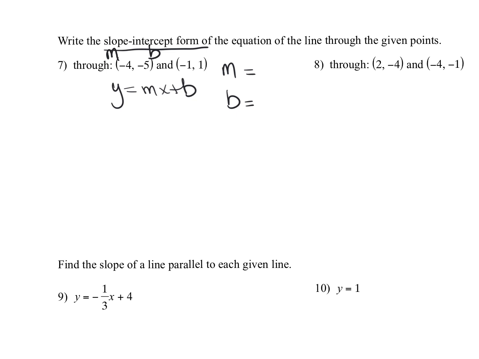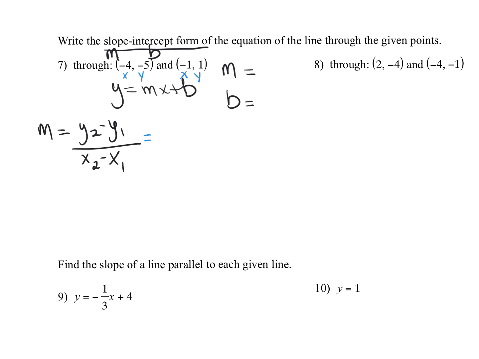So to find my slope, I need to use my slope formula. So it's the difference of my y values over the difference in my x values. Okay. Don't forget that we write our coordinates x, y. And it doesn't matter which y value you start with, as long as you also start with that corresponding or paired x value.